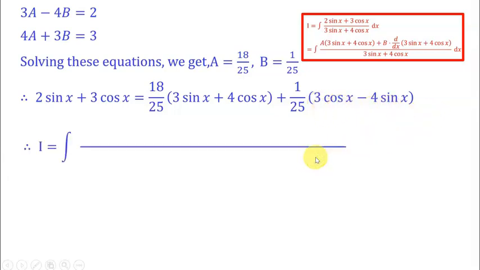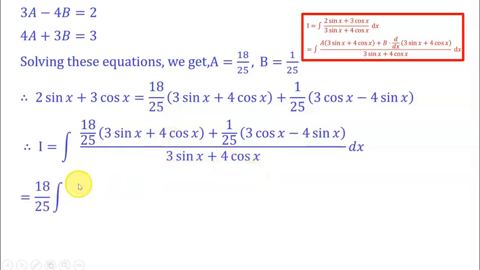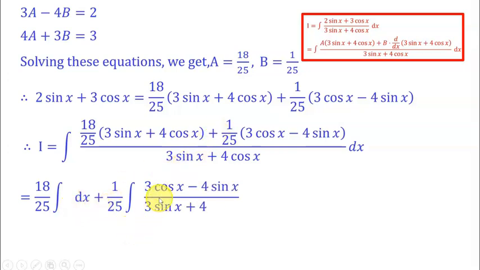This is divided by the denominator. Now split it up: 3 sin x plus 4 cos x gets cancelled, and you will get 18 upon 25 integral of 1 dx plus 1 upon 25 integral of (3 cos x minus 4 sin x) upon (3 sin x plus 4 cos x) dx.